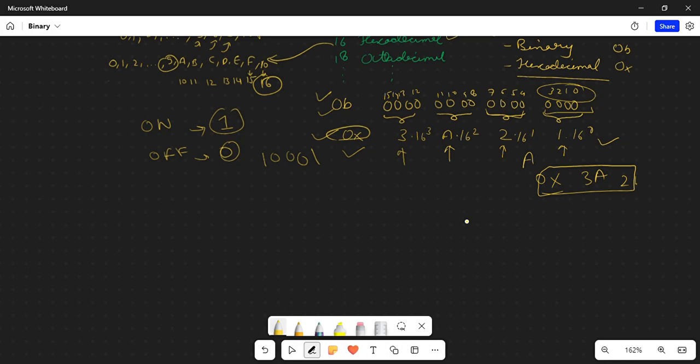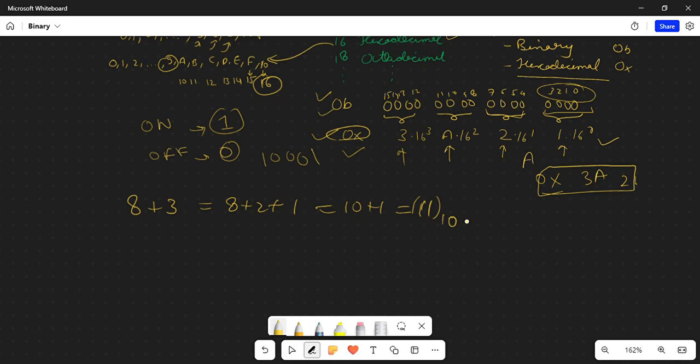So for now we will just look at addition and subtraction. In normal decimal, 8 plus 3, we do 8 plus 2 plus 1, where it becomes 10 plus 1, and this is 11.